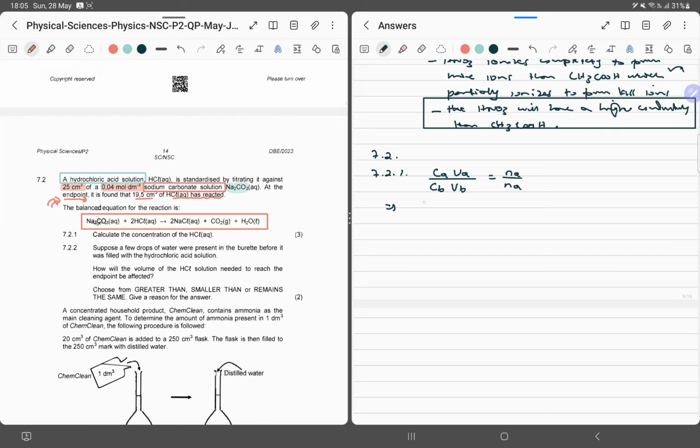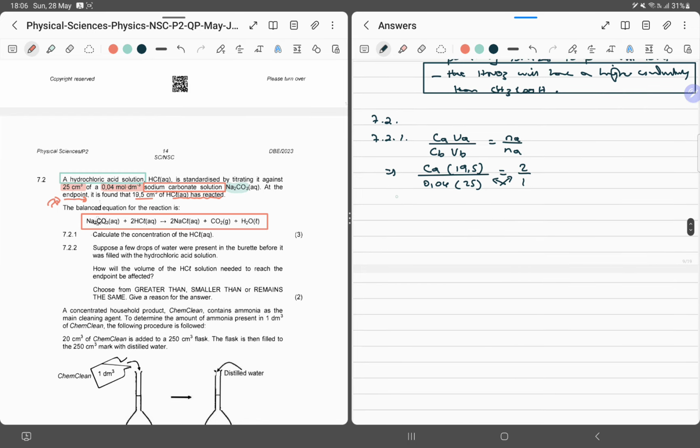So what is the concentration of the acid is what we want. The volume of the acid, they told us, is 19.5. Here you don't have to change it to decimeter cubed because this is a ratio, so they will cancel each other out nicely. So here we were told this is now 0.04 into 25, equals, now what is the molar ratio here? Is 2:1. Then we do our famous gymnastic cross multiplication.